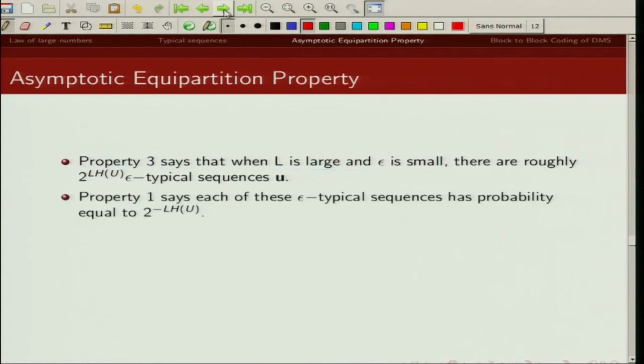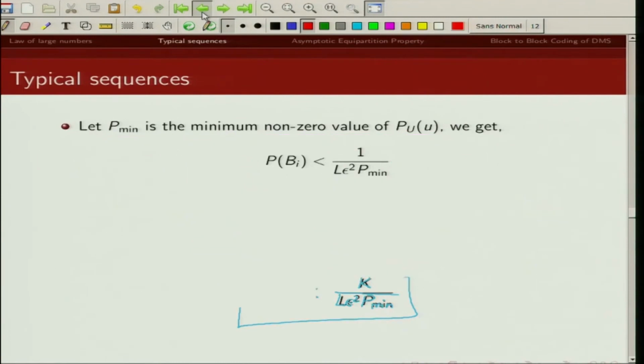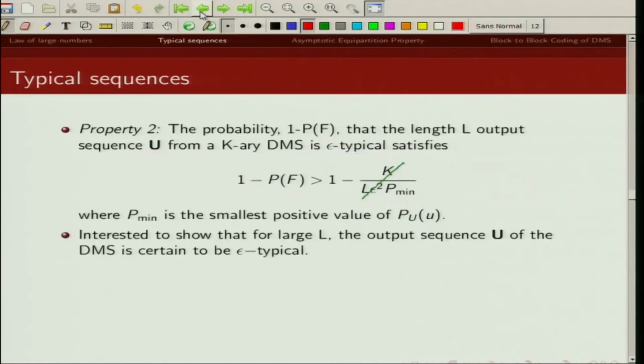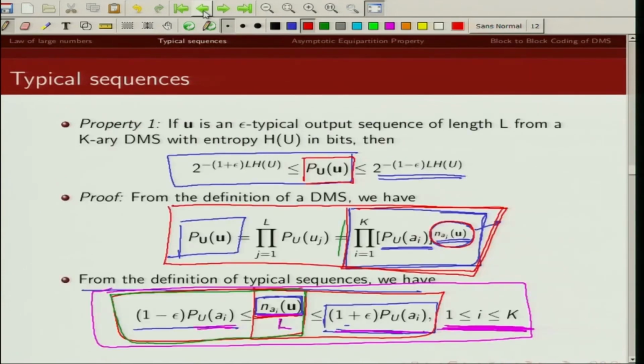Now, what does property 1 say? Property 1 gives us the probability of occurrence of these typical sequences. Just to refresh our memory, let's go back and see what property 1 was.